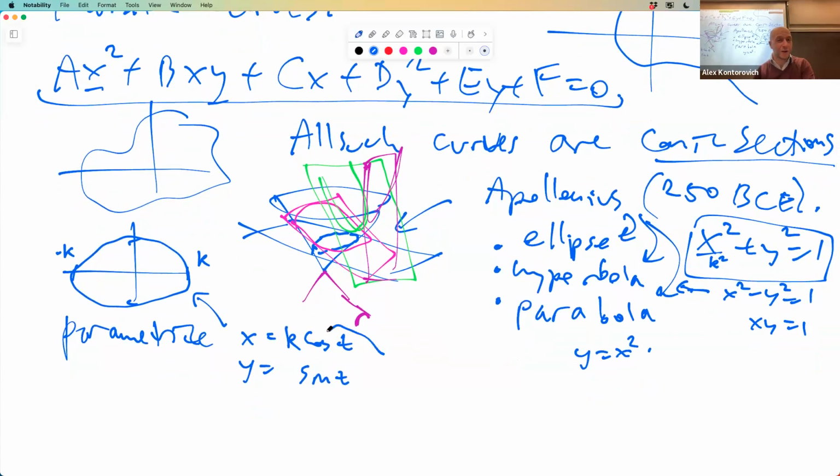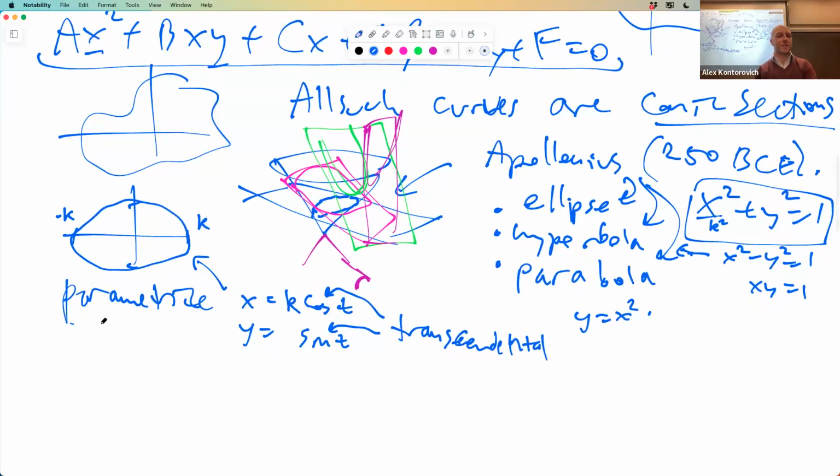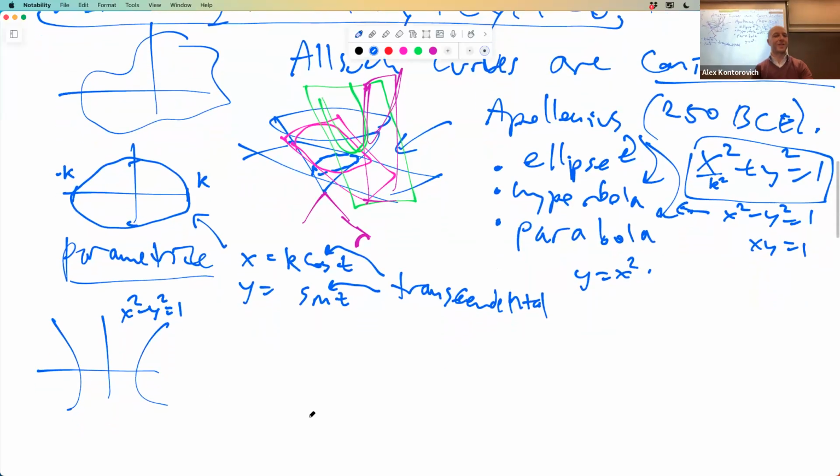So these transcendental functions, cosine and sine, and we have this parameter in front that we're just thinking of as fixed. These are transcendental functions, but functions that we're very used to, parametrizing an ellipse. Okay, how do we parametrize a hyperbola, like x squared minus y squared equals 1? Of course, we could add a parameter here, but never mind. It's already fun enough as is.